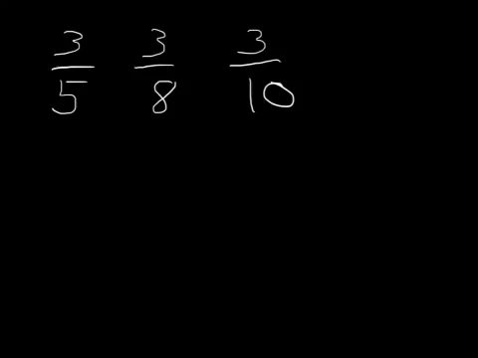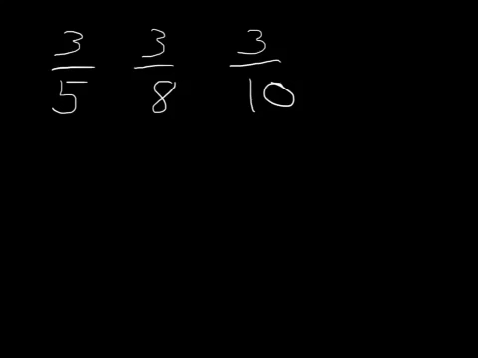In this case, you've cut the cookie into 8 pieces. So when the numerators are all the same, the denominator will determine which piece is larger, which fraction is larger and which is smaller. We've got 3 pieces of a larger size. We've got 3 pieces of a smaller size.